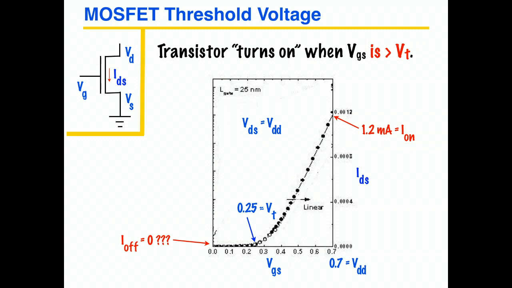I'll say more about that in a few minutes. That explains the threshold part. If you think about how the onness of the transistor goes with the gate voltage, it turns on suddenly at this point, because it gets to a point where there's enough charge in the channel to invert the channel and turn the transistor on.